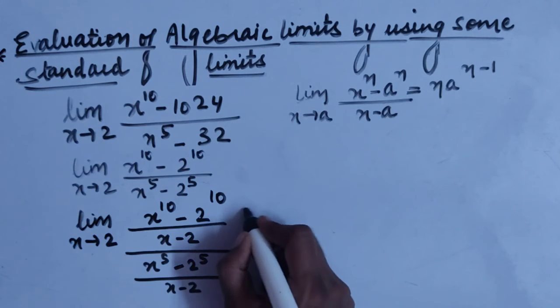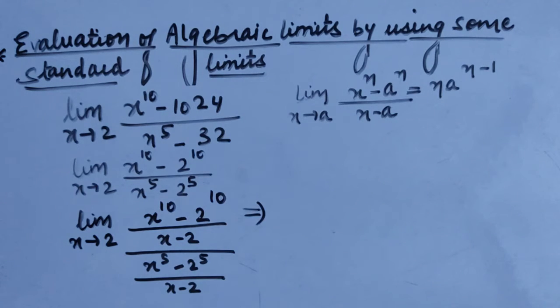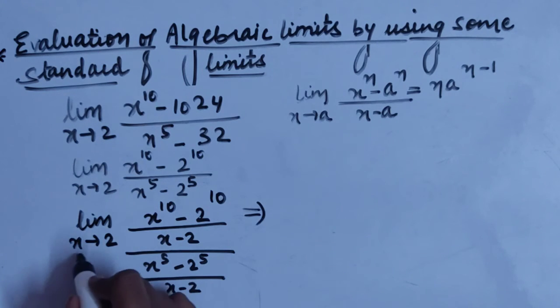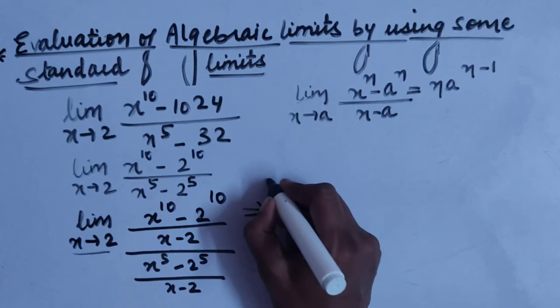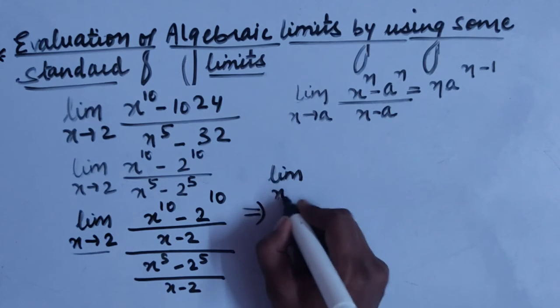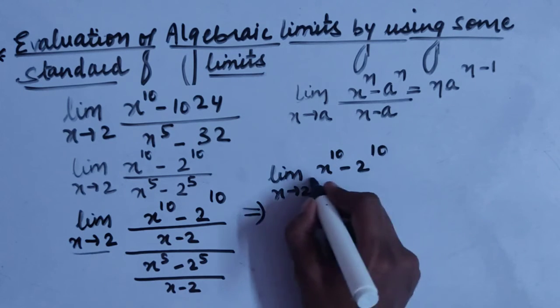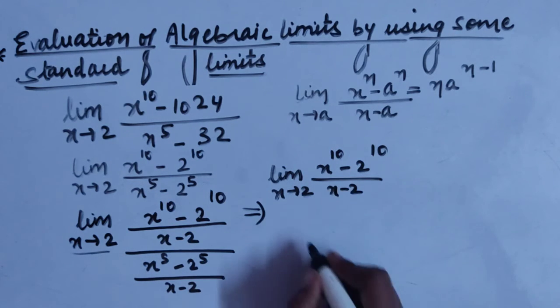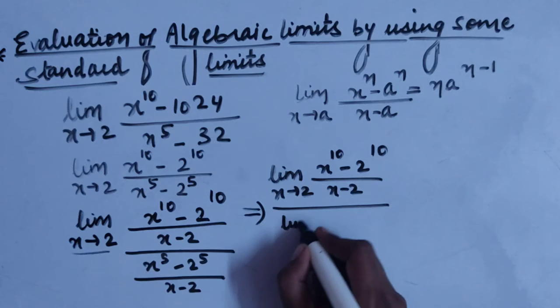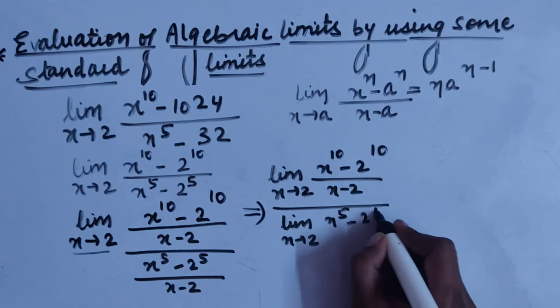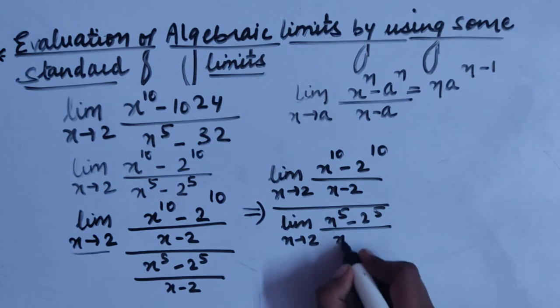So when you apply the standard limit, what will you get, students? Look, this limit, I can say, is limit x tends to 2 of x raised to the power 10 minus 2 raised to the power 10 upon x minus 2, divided by limit x tends to 2 of x raised to the power 5 minus 2 raised to the power 5 upon x minus 2.